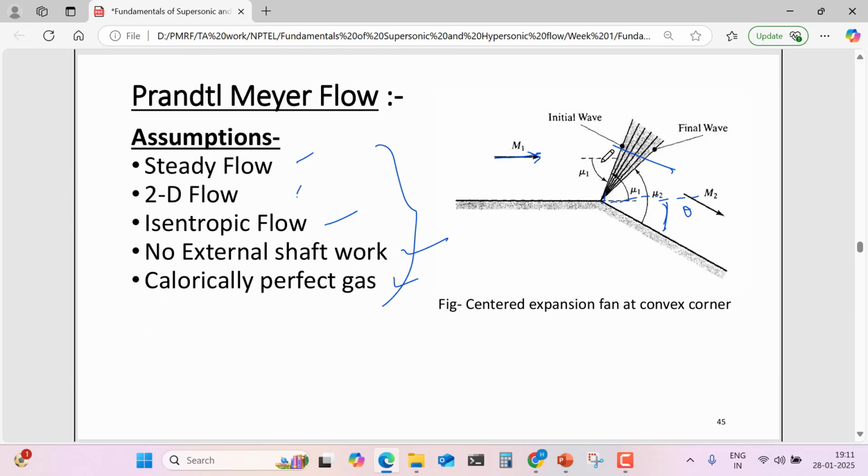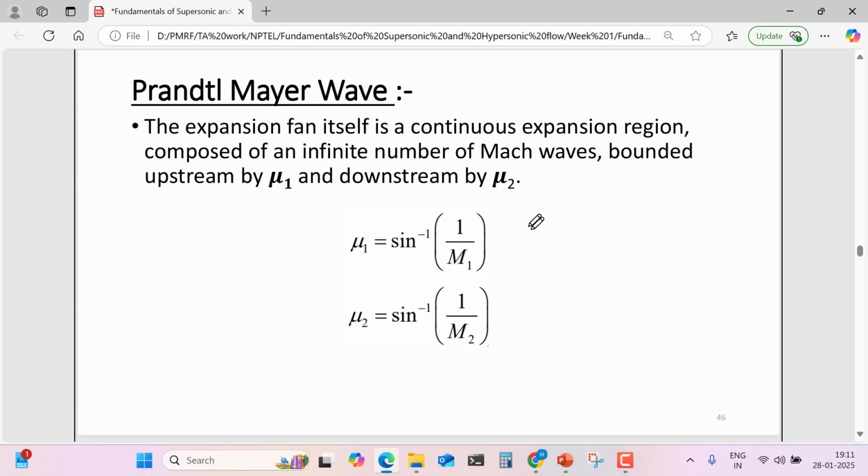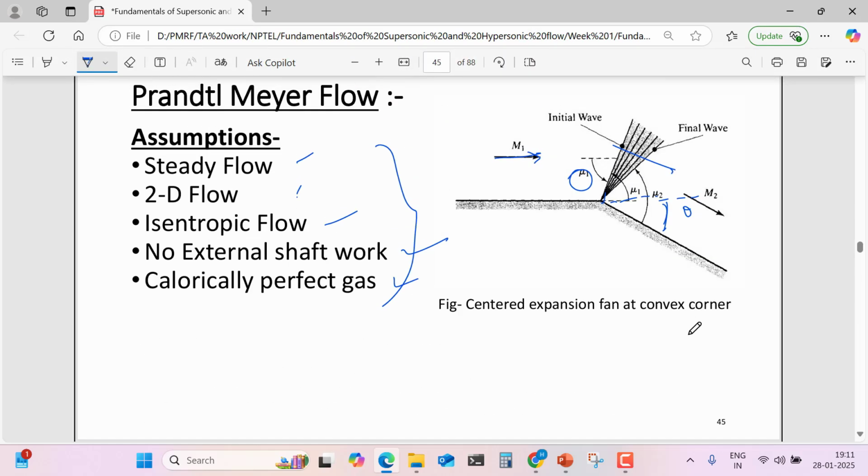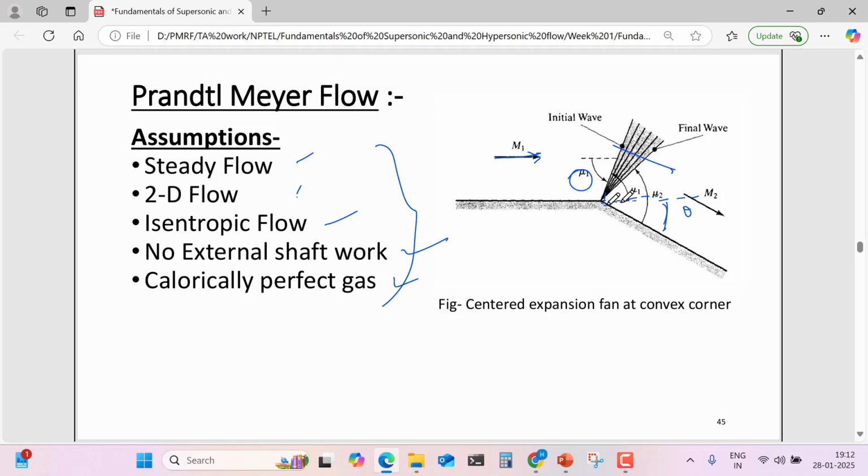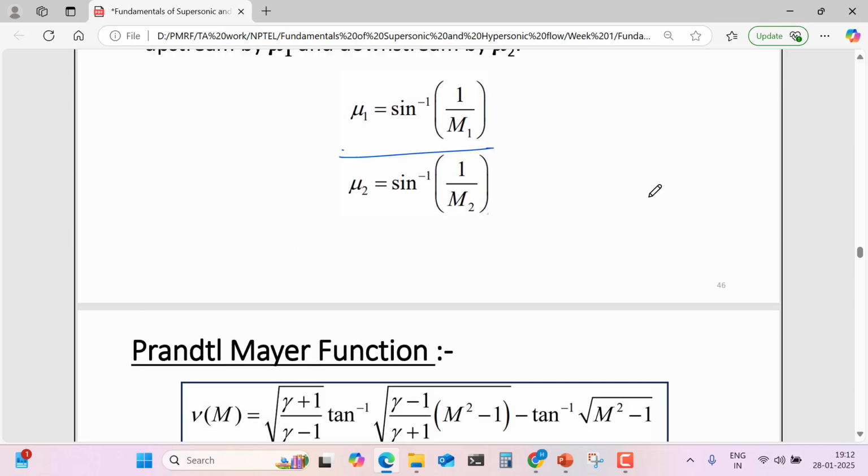For this upstream Mach number, mu1 is the Mach angle. This Mach angle is given by the relation mu1 equal to sine inverse 1 by M1. Similarly, mu2 is given by sine inverse 1 by M2.